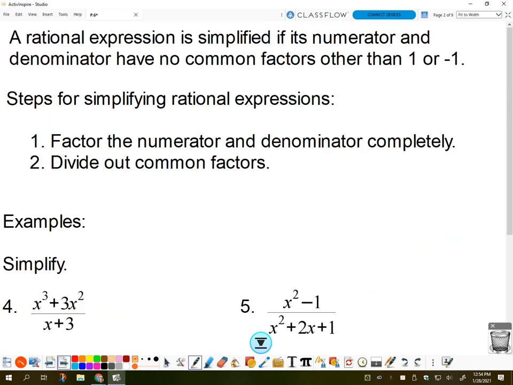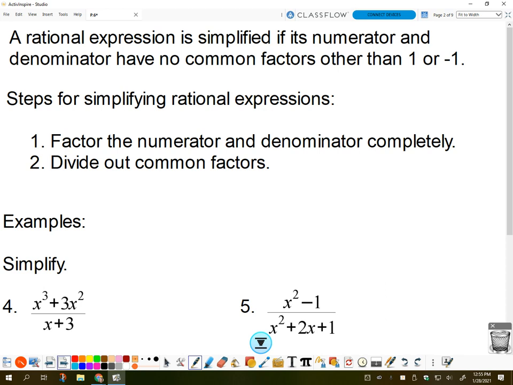All right, so the other thing that we're going to do today is simplify and multiply and divide rational expressions. So first of all, you need to make sure you understand that when you're simplifying, that means you are going to divide off any factors that they have in common and then just write down what you have left. Now, before you can divide off factors, you have to factor and know what the factors are.